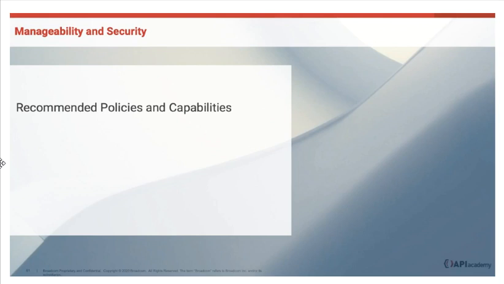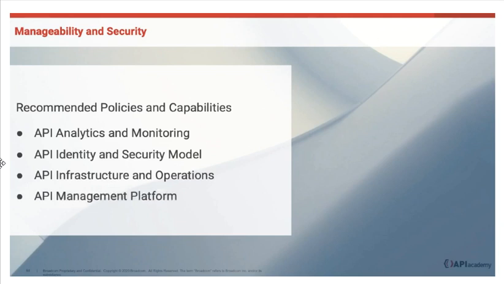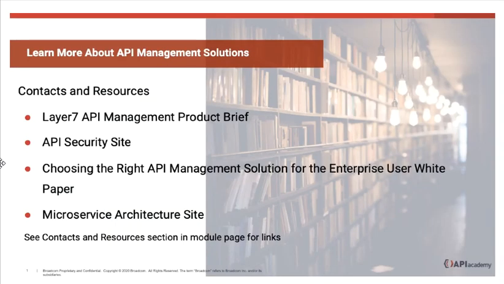Before offering your APIs to outside developers, it is essential that you clearly define and implement the following policies and capabilities: API analytics and monitoring, API identity and security model, API infrastructure and operations, and an API management platform. Manageability and security of APIs is the area best addressed by an API management solution.